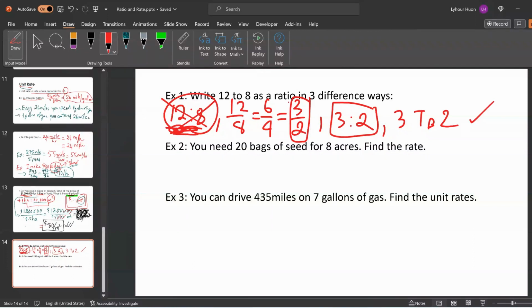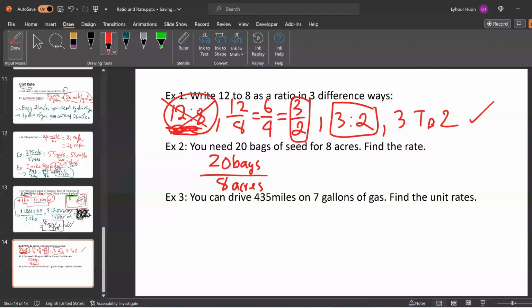Rates have different units. How can we write the rate for 20 to 8? 20 bags of seed over 8 acres.